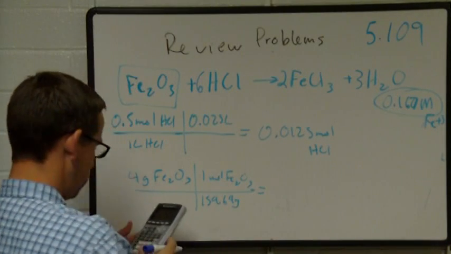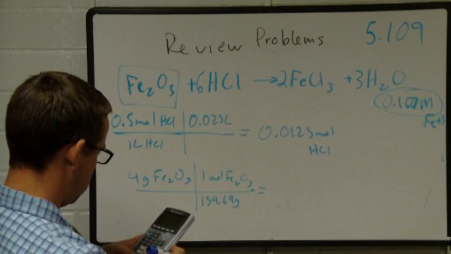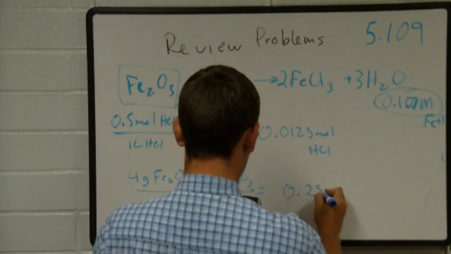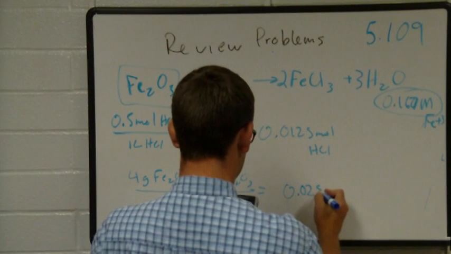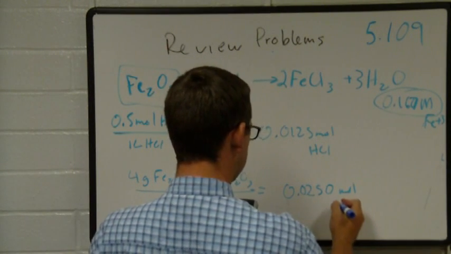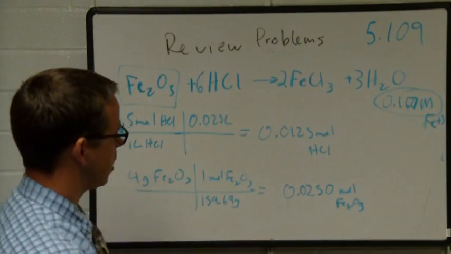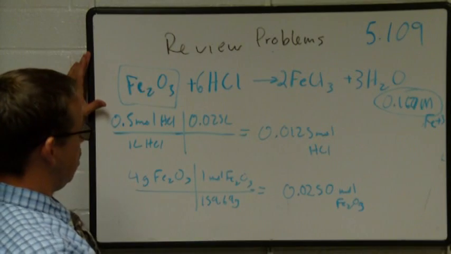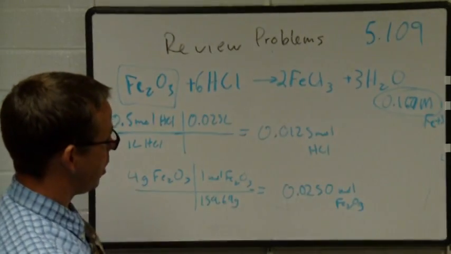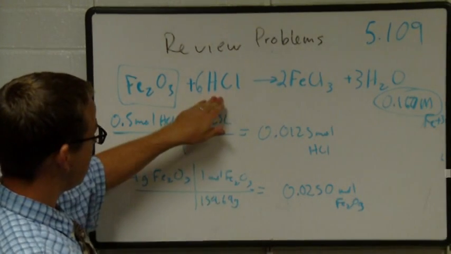And for this one here, there was 4 divided by 159.69, or 0.0250 moles of Fe2O3, iron oxide. Okay, so this is how many moles of HCl we had, and this is how many moles of iron oxide we had. HCl was the limiting reagent.